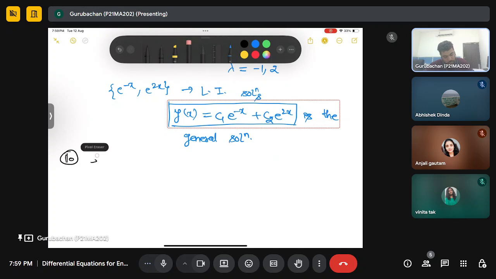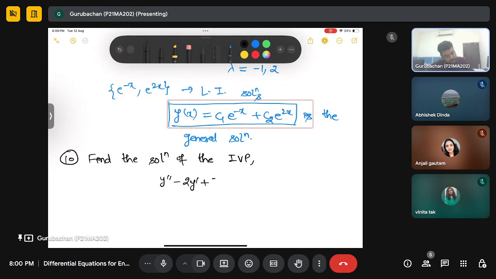So find the solution of the IVP: y double dash minus 2y dash plus 3y equals 0, with y(0) equal to 1 and y dash 0 equal to 4.